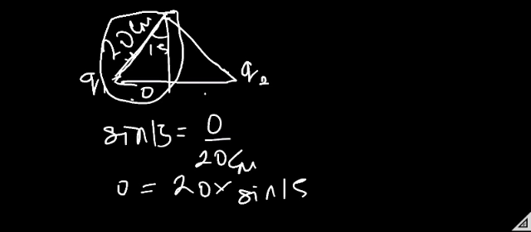So 20 times sine 15 is equal to 5.18 cm. Since there are two opposites in the distance between the charges, we add the two together, or we multiply this by 2.